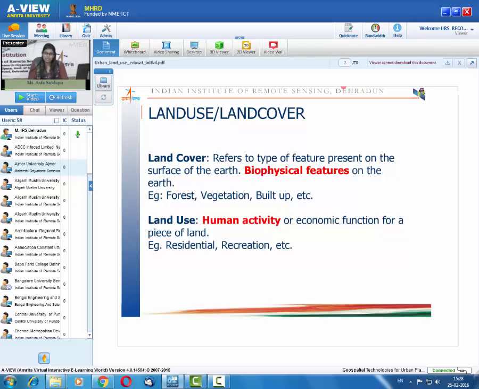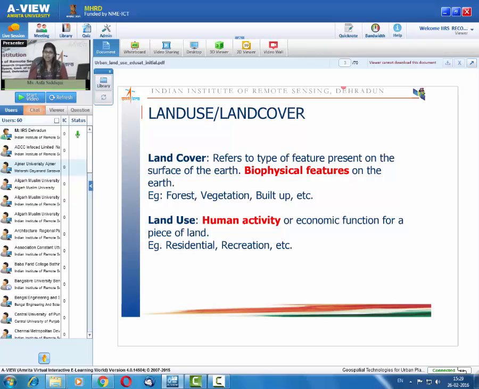So basically, we can categorize the two definitions by this: land cover refers to the type of feature present on the surface of the earth, the biophysical features on the earth. There may be many land covers, for example, forest, vegetation, built up.